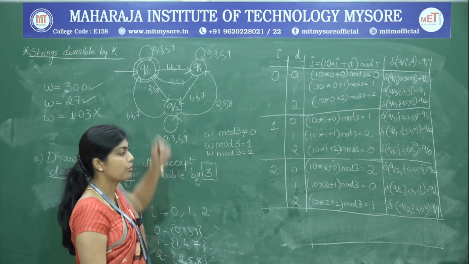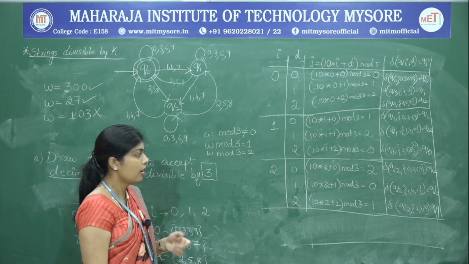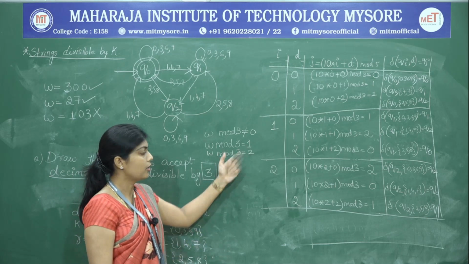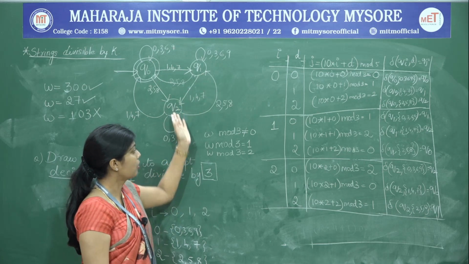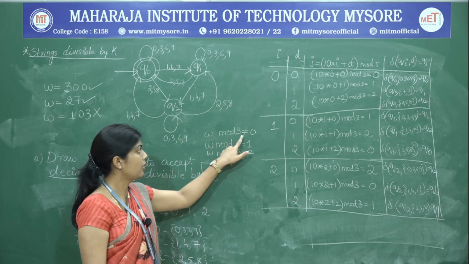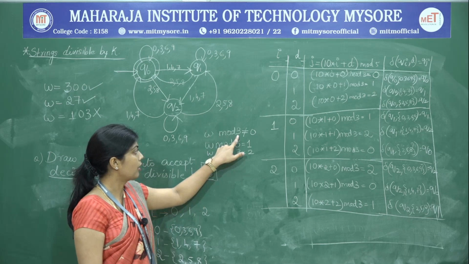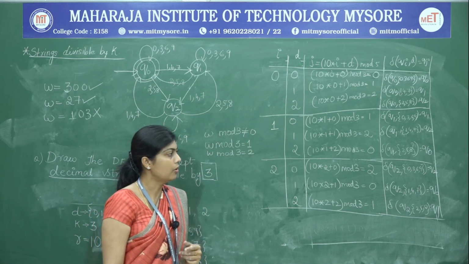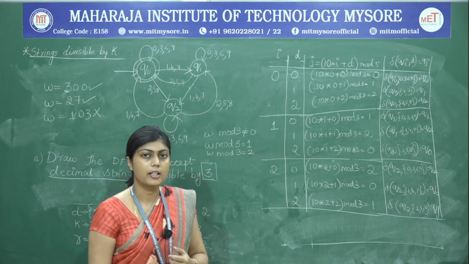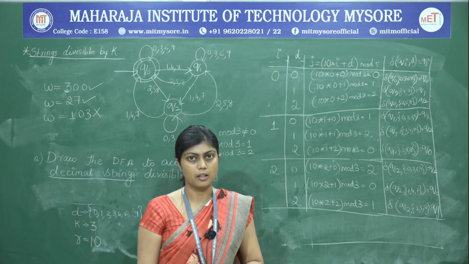The rest of the possible remainders are 1 and 2, which q1 and q2 accept. Therefore, q1 and q2 become the final states for this case, where W mod 3 should not be equal to 0. This is how we solve the problem for any string which is divisible by k. Thank you.